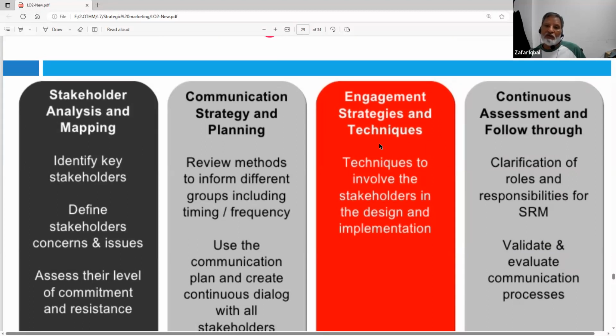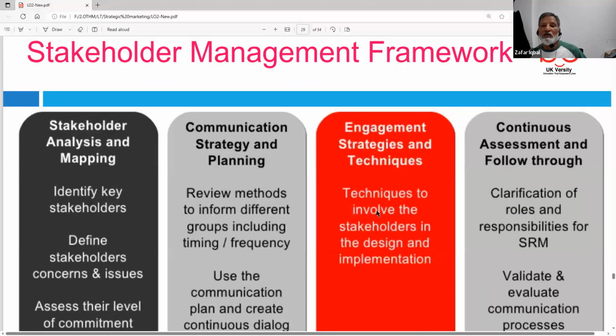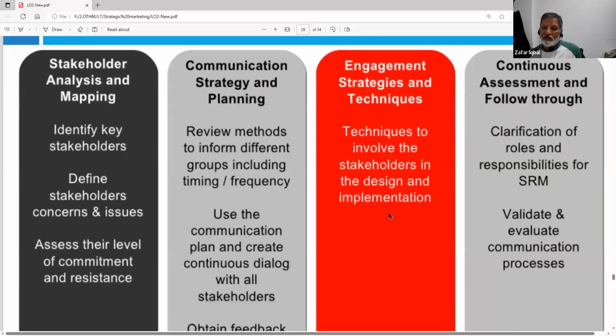And then we can also look at engagement and strategic techniques. By using these techniques, we can involve the stakeholders in designing and implementing new strategic options for them and with them, and continually engage them, continually assess them, continually communicate with them, and validate our communication processes.